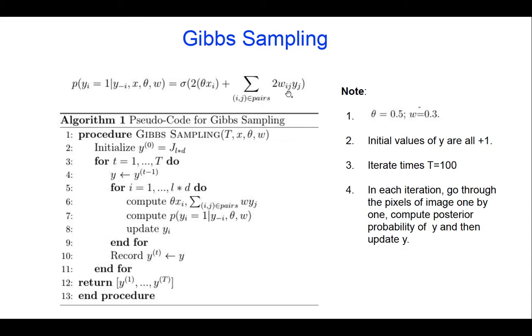Here, the summation of yj is the summation over the neighbors of yi, which are yj. After we have these two numbers, we can calculate the probability of yi equals 1, and based on this probability, update the value for pixel i. Then we can update the whole image in one iteration.